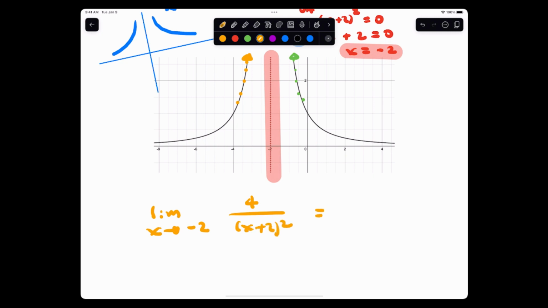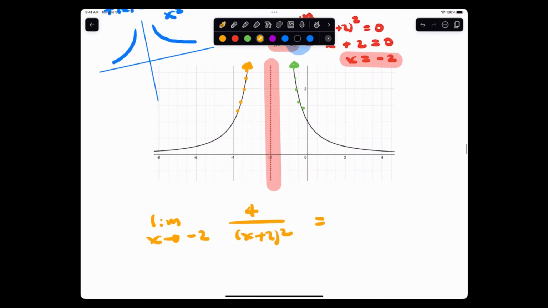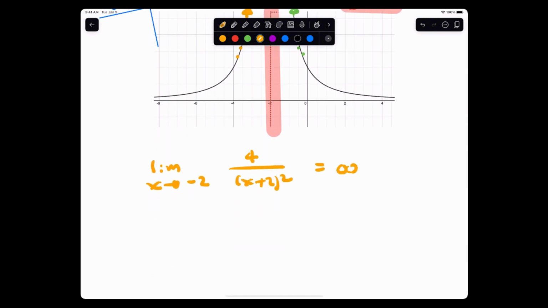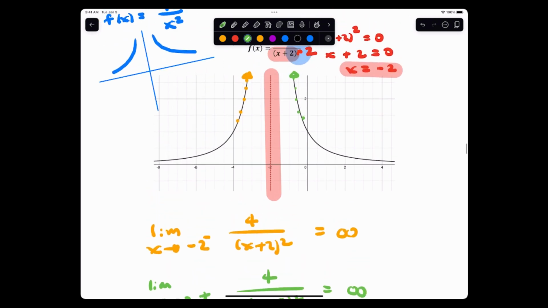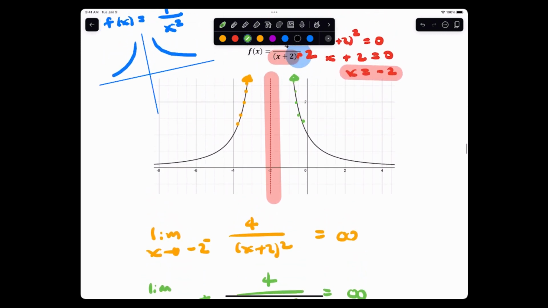X plus 2 squared is, where's it going? Positive infinity. And that was to the left. And then the limit as x goes to -2 from the right: positive infinity. Is that right? They're both going up.